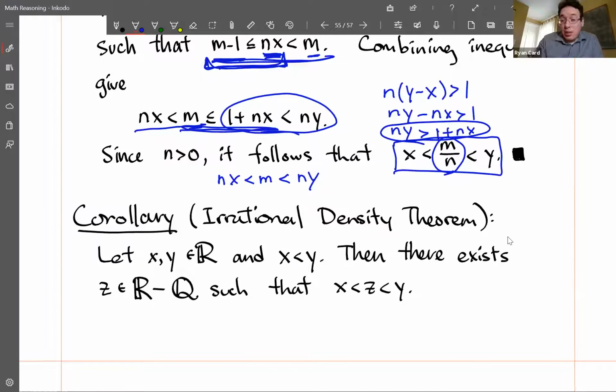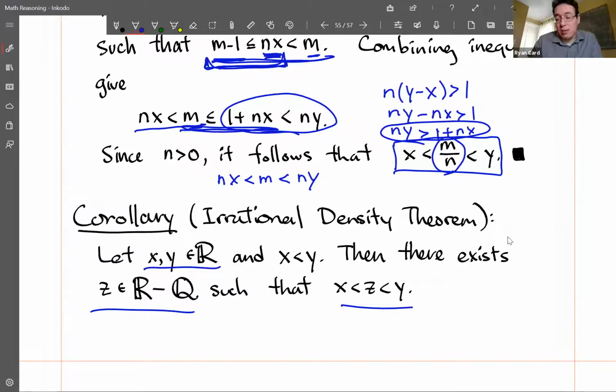And if you have that, it's actually not too much more effort to get the irrational density theorem. If you take x and y, real numbers, where x is less than y, then there's a z, which is irrational, that's in between x and y.